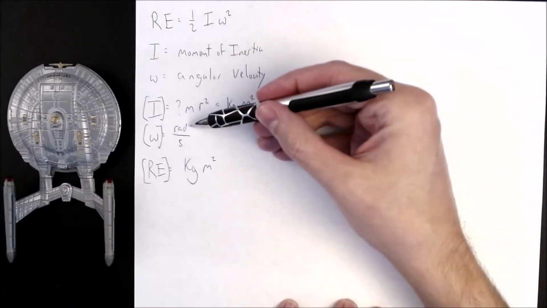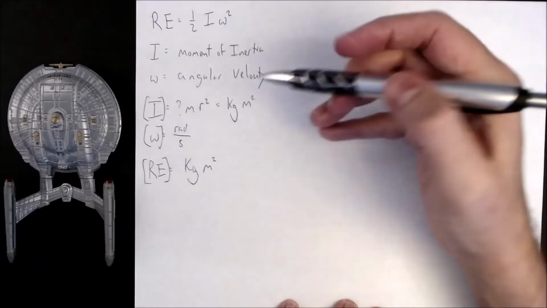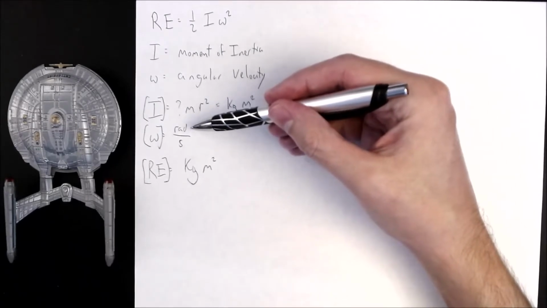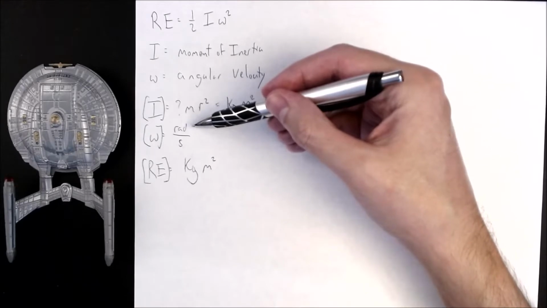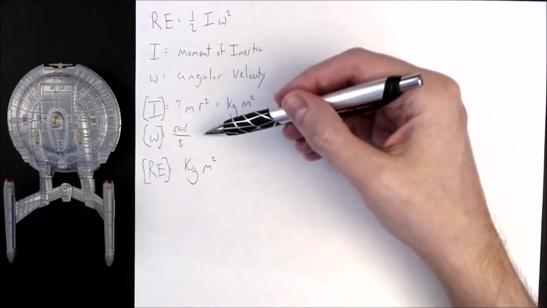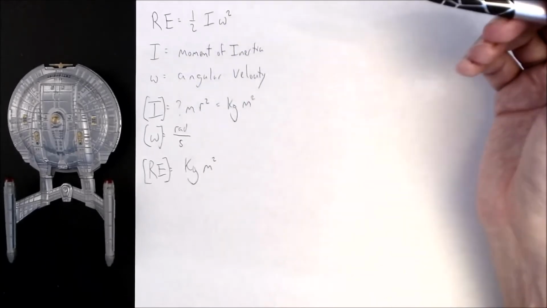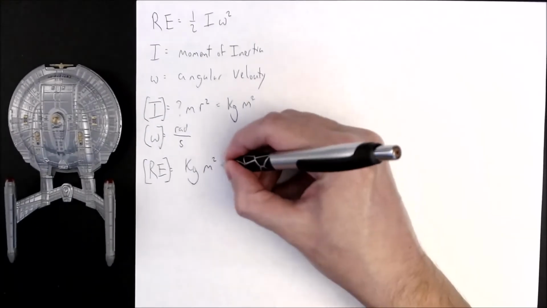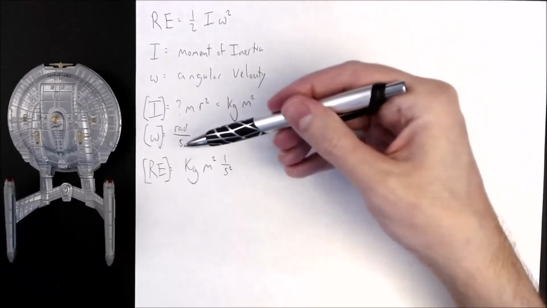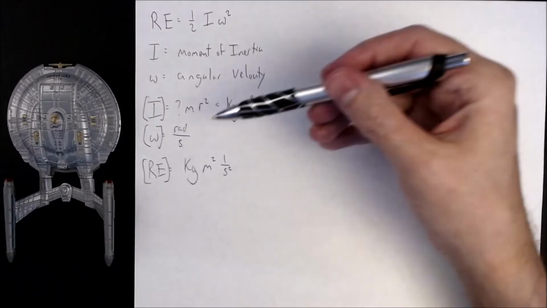That'll give us radians squared over seconds squared. But remember, radians are kind of a fictitious unit that doesn't really count most of the time, unless we're dealing with an angle. And so we can drop radians out or add it in whenever we need to. So now we're going to drop it out, and we just get 1 over seconds squared.